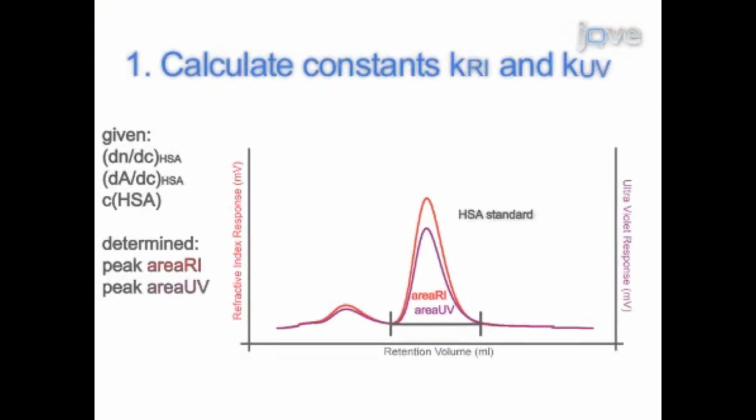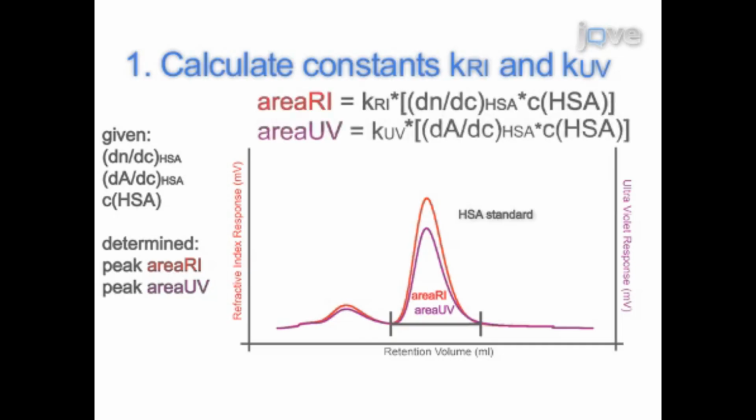Then, using a 7.8 by 300 mm TSK gel G2000 SWXL column and an online coupled refractive index, or RI, and UV detector system, calculate the RI constant K sub RI and the UV constant K sub UV for the detector using these two formulas.